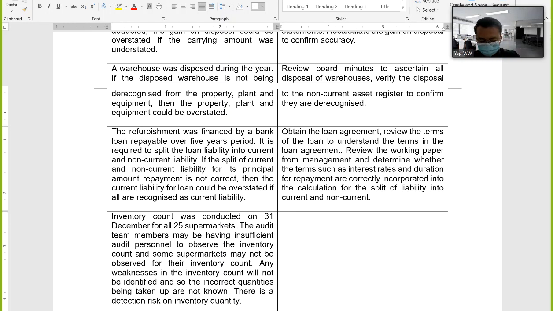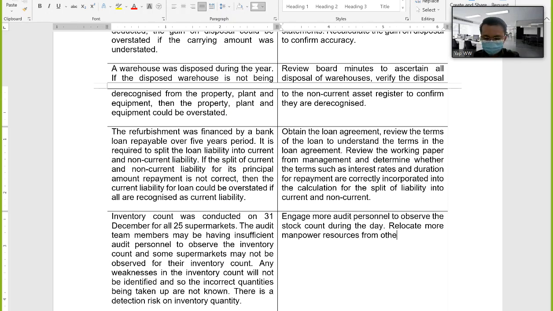The general understanding is that you engage more people. Since you don't have enough team members, you may engage more audit personnel to observe the stock count during the day. Okay, relocate more manpower resources from other audit team members.